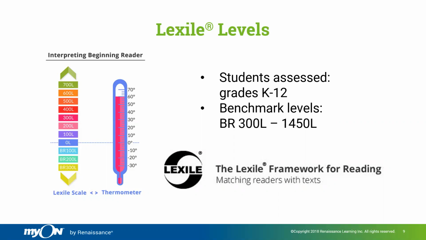So what happens instead is they will have BR at the beginning, which stands for beginning reader. It just shows you that this is somebody that is going to need potentially quite a lot of support with these books, or they're going to be accessing very low level texts. But of course, they're going to be able to see this improve as they move through their myON journey.